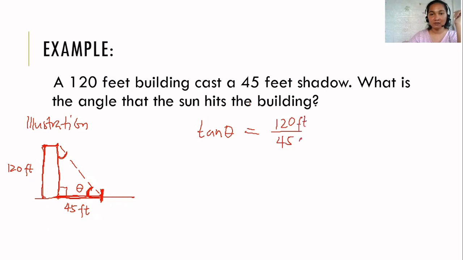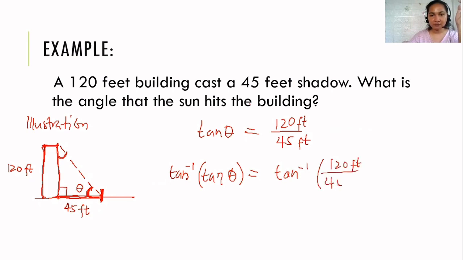Solving for theta, we take the inverse tangent of both sides of this equation. This is inverse tangent of 120 feet divided by 45 feet. So we can cancel out the tangent operating on theta, and on the right side, we solve for the inverse tangent of 120 over 45.